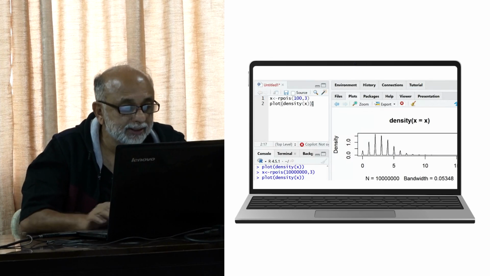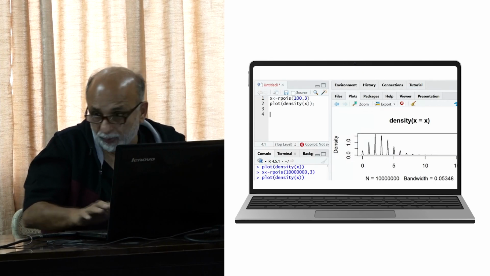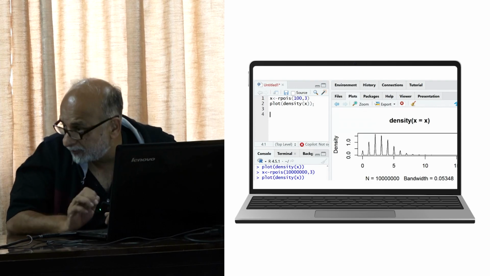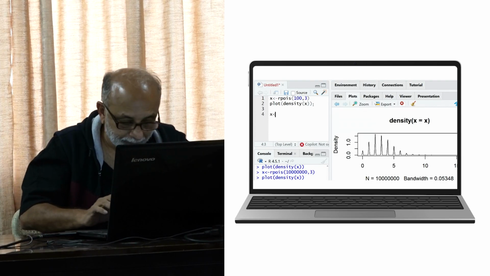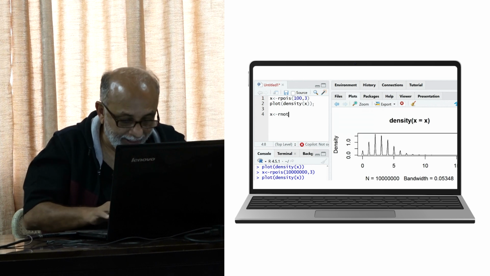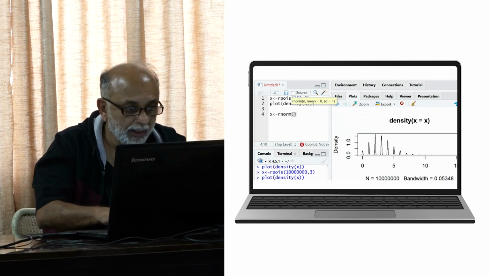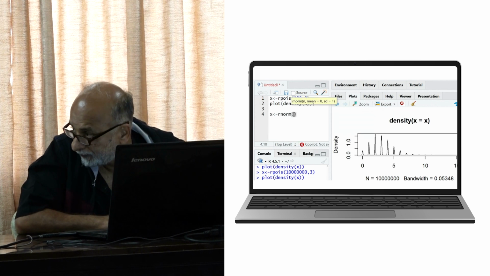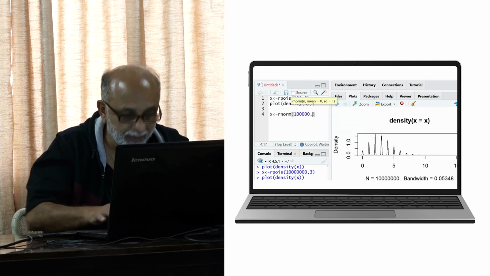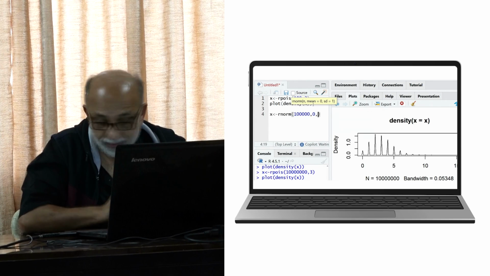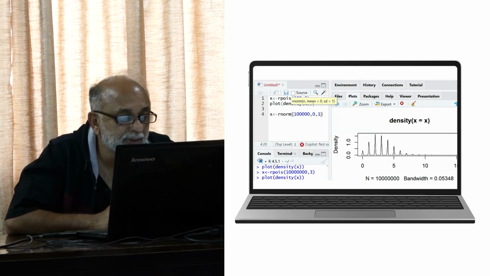So now look at this. All I'm going to do is generate a Z distribution first. Let X be our norm, say 1 lakh values, with mean 0 and standard deviation 1, a standard normal.